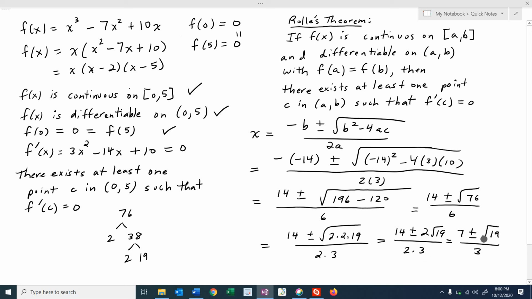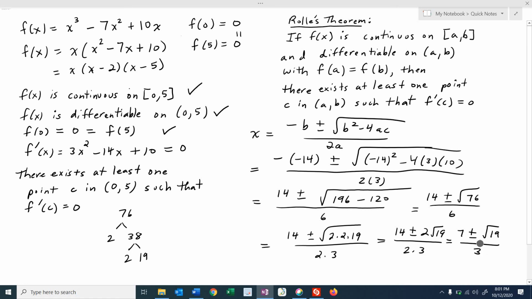Okay, so these are the spots, right? These are the x values where this derivative is equal to 0. If you were to plug these into the derivative, you would get 0 out. But the question is, are any of these in this interval? Because the theorem guarantees that there's some point C in the interval from 0 to 5 where the derivative is equal to 0.